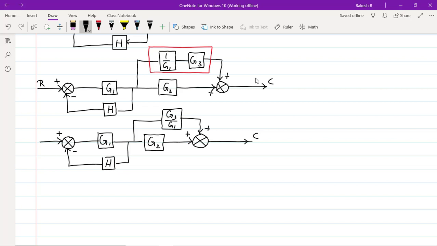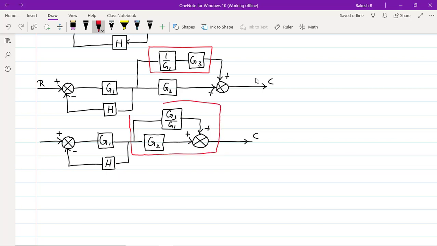Right. Now what can I follow? Next step is to check whether we have blocks in series or blocks in parallel here, right? Now check this one again, checking for blocks in series or blocks in parallel.